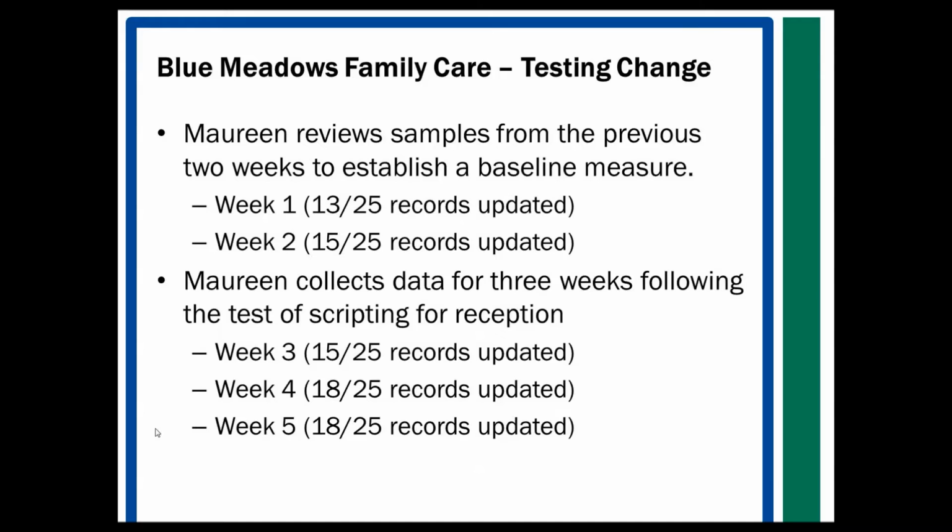They had recorded 13 of 25 records had been updated. In week 2, also baseline, 15 of 25 records were updated. And then for the following 3 weeks, after the scripting had been in place for reception, they'd recorded 15, 18, and 18 records being updated in those weeks.